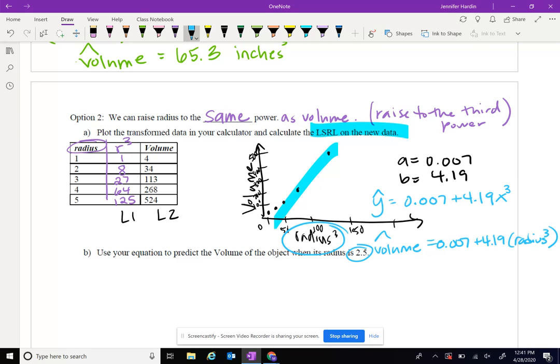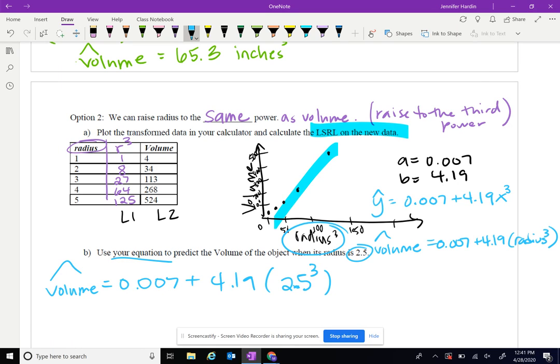So here they're just giving you radius is 2.5, probably 2.5 inches. If we want to use our equation to model this or to predict it, we're going to need to plug in. So start with that equation. We're going to predict volume. 0.007 plus (4.19). We need to plug in radius cubed.